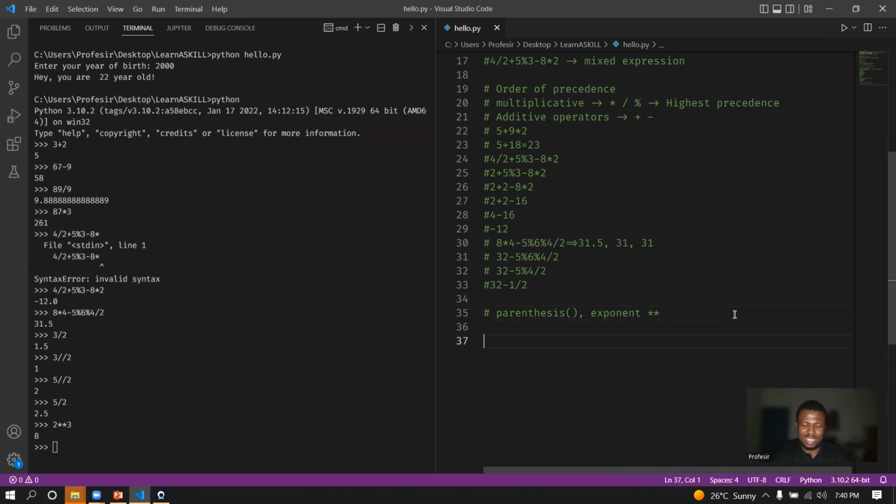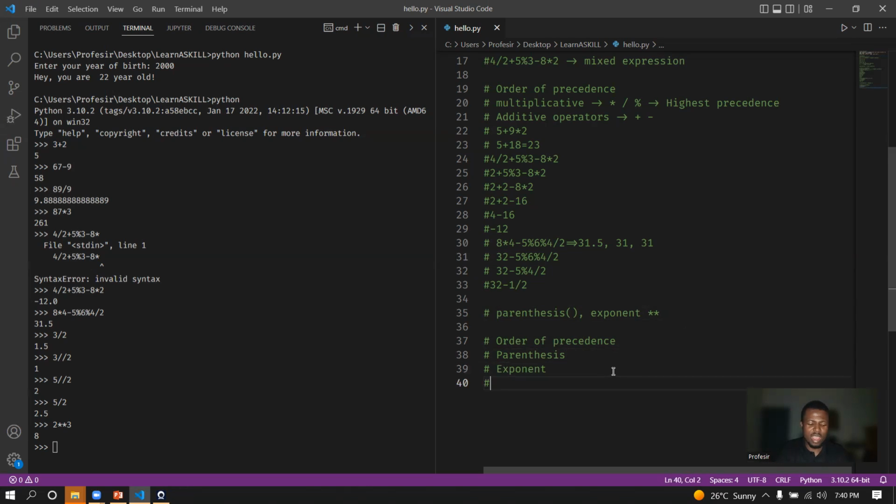In fact, if I'm really listing the order of precedence, putting everything in there, then number 1 would be parentheses, followed by exponents.